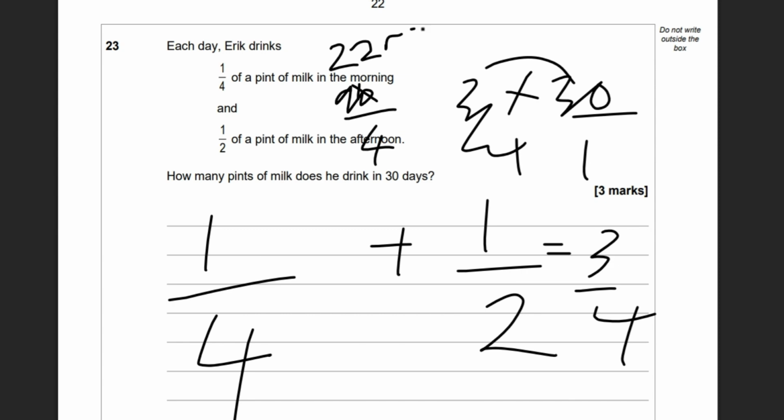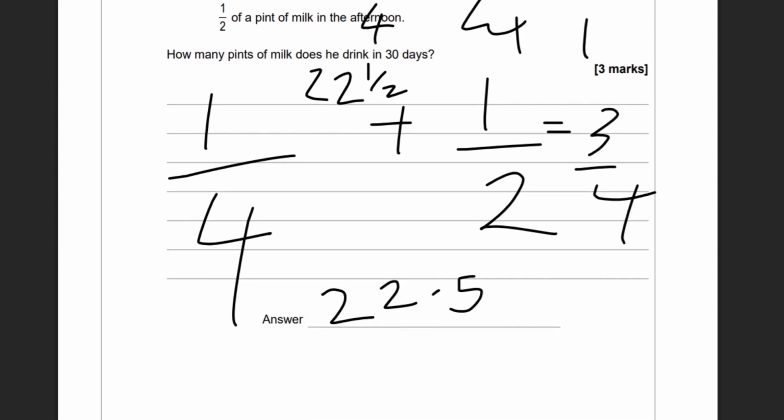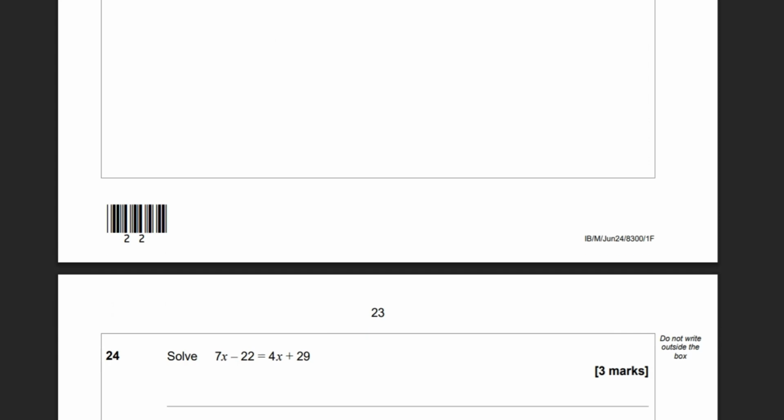So this is 22 and a half. 2/4 is 1/2, which is the same as 22.5. So 22.5. You can add the units, please.